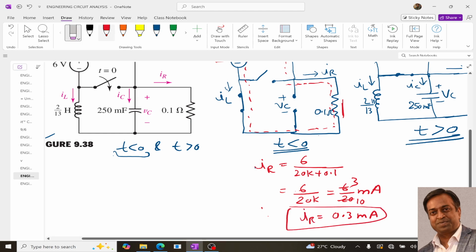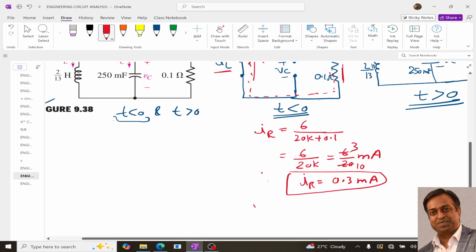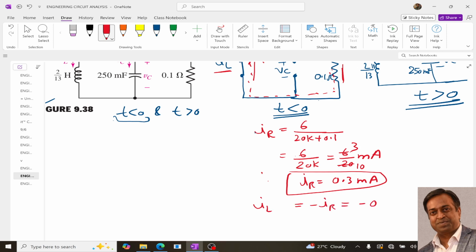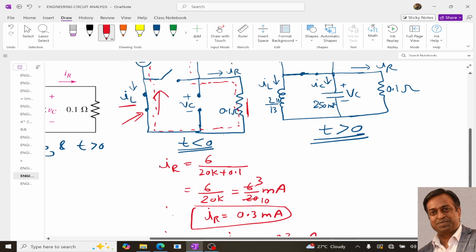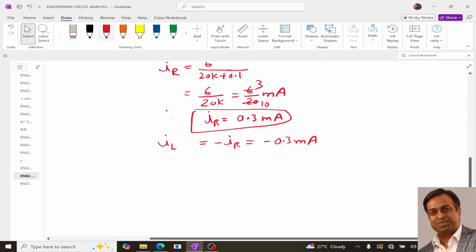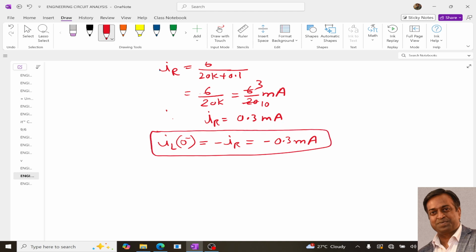Since IR flows in this direction, whereas the direction of IL is opposite, IL will be equal to minus IR, which is minus 0.3 milliampere. This is the current flowing through the inductor at 0 minus. So this is our first initial condition.